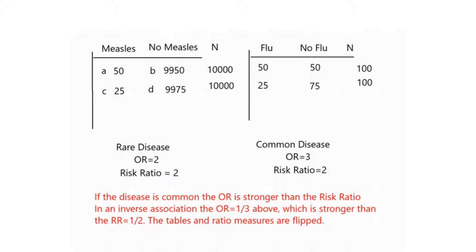And when we do the formula of 50 over 9,950, imagine A divided by B, which is then divided by C divided by D. So when we write out the formula, often we just use the cross-multiplied shorthand version, which is A times D over B times C.